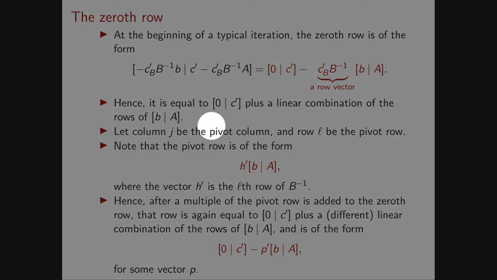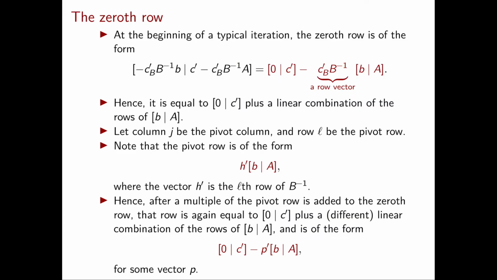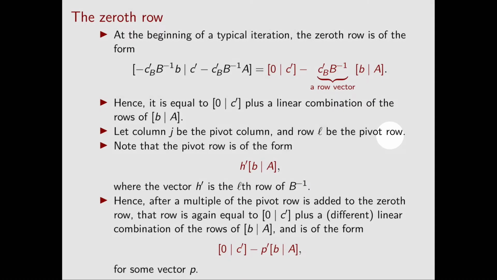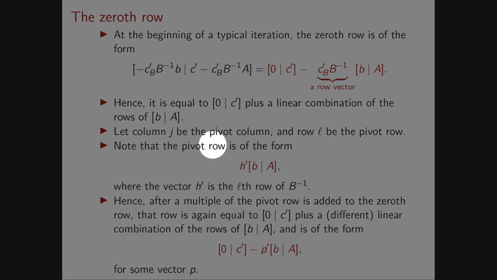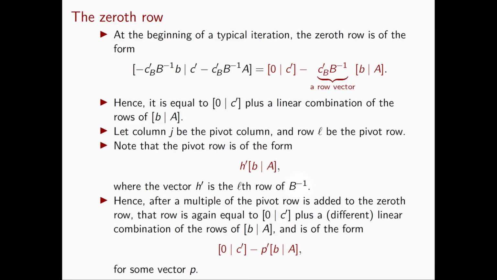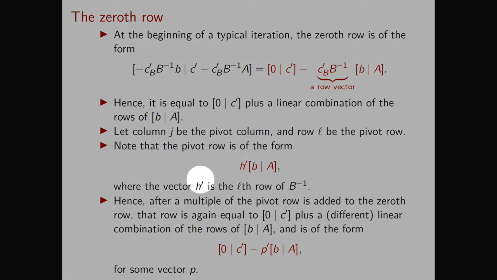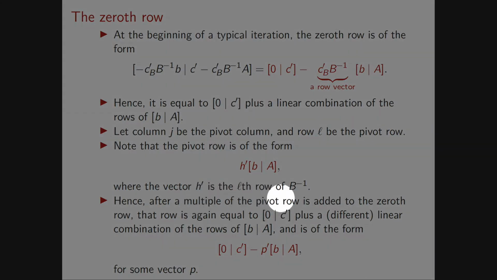As always, the pivot column is column j, while the row l will be the pivot row. Now it follows from the interpretation of the tableau that we have seen a few slides ago that the pivot row is of the form h transpose times BA, where h transpose is the lth row of B inverse. In our elementary row operations, we are adding a multiple of the pivot row to the 0th row.